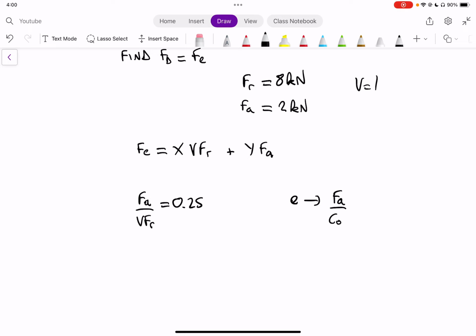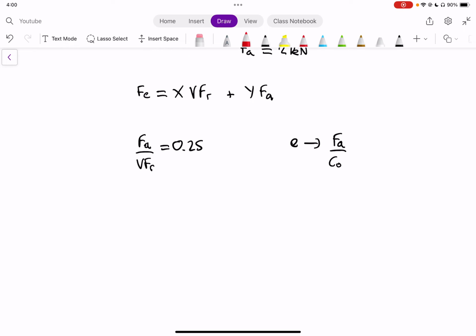Now, if we look at this and we try and find FA over C0, where do we usually find C0? C0 comes from table 11.2. The problem is that we don't currently have a C0 value from table 11.2 because we haven't chosen a bearing yet.